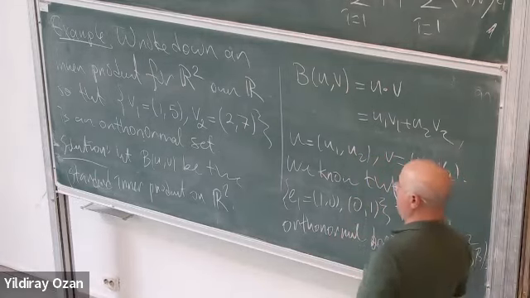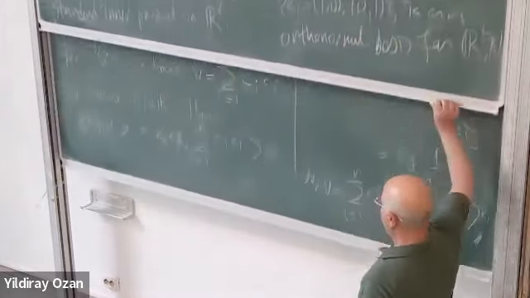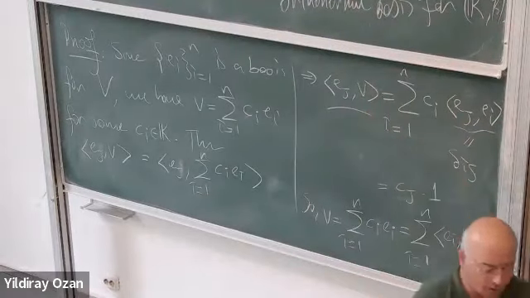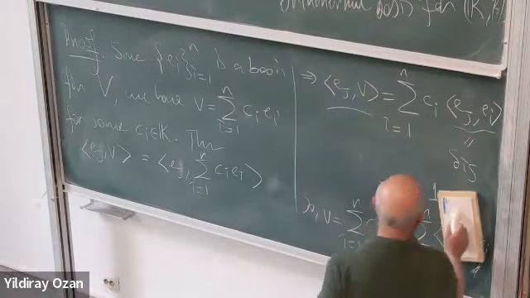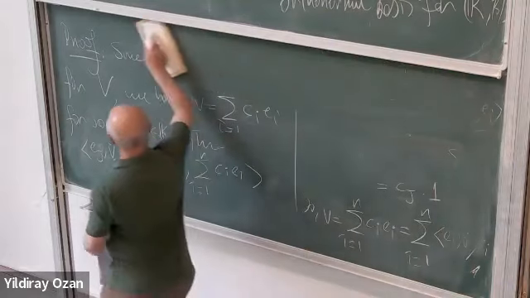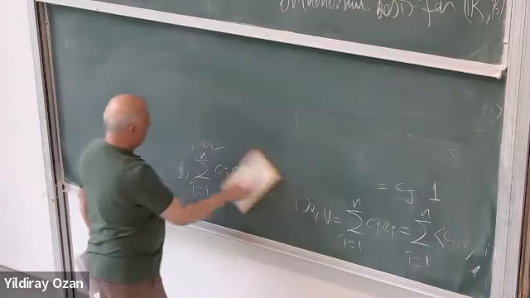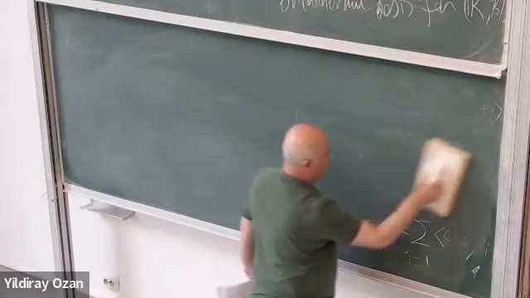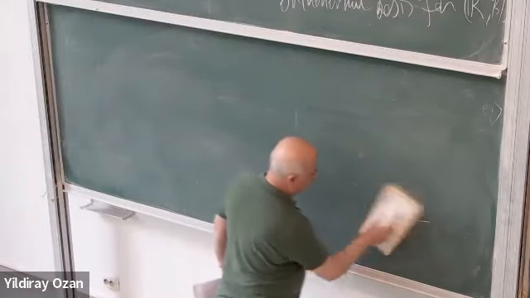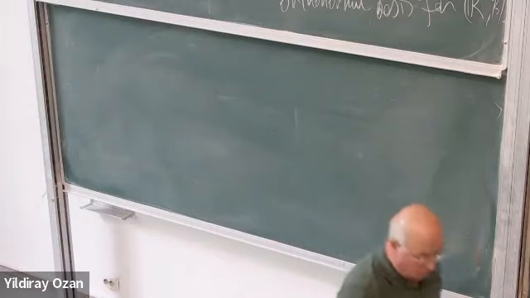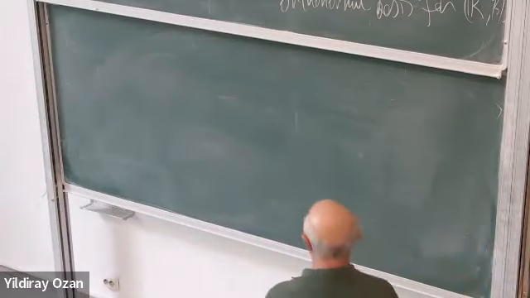Standard orthonormal basis. We have to construct now another inner product so that these two strange vectors form an orthonormal basis. So we have to construct this isomorphism.